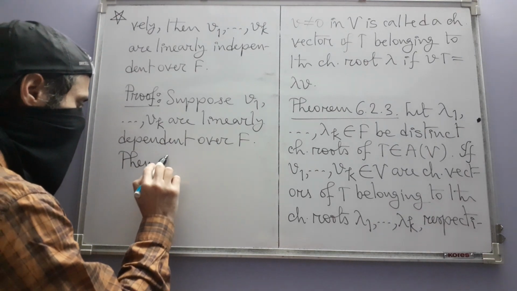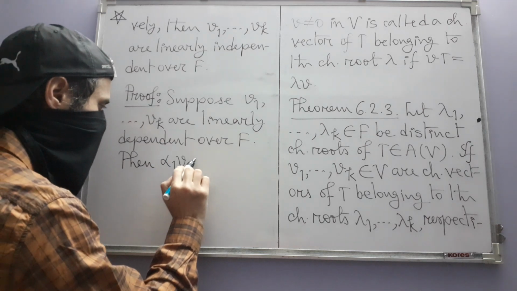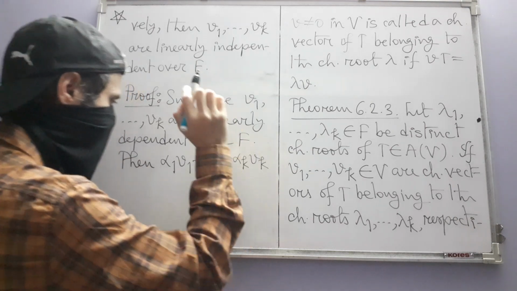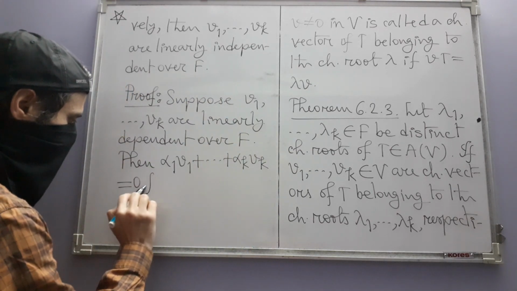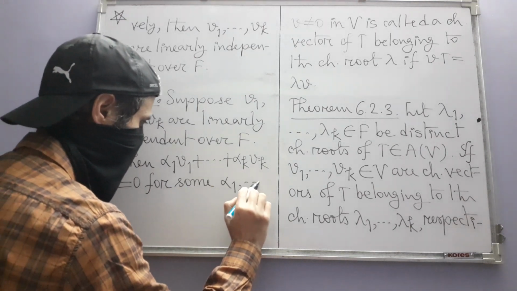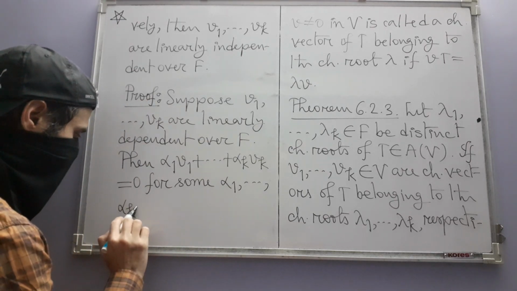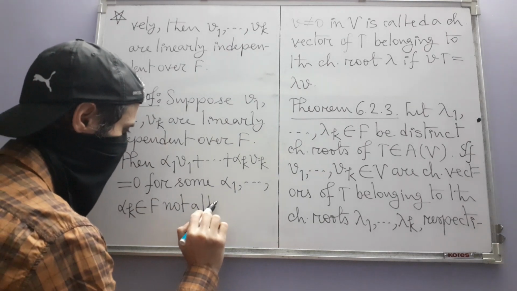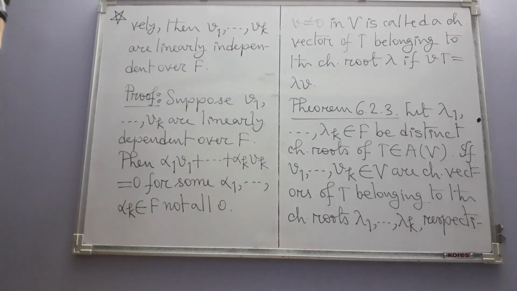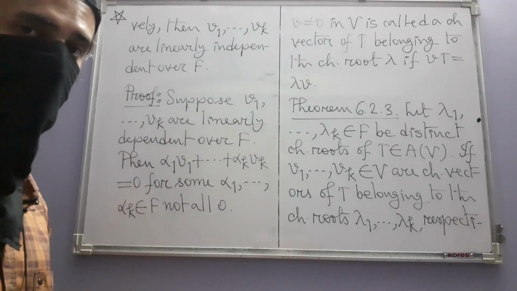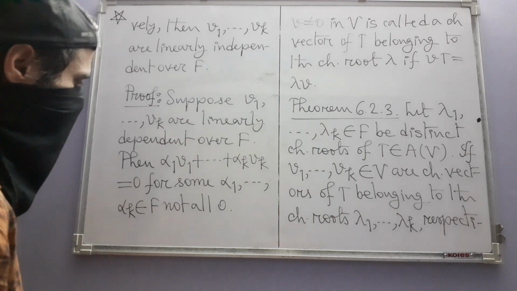Then alpha k Vk is equal to 0 for some scalars in F, not all 0, not all equal to the 0 scalar, 0 field element. That's what we mean by a list of finitely many vectors being linearly dependent.